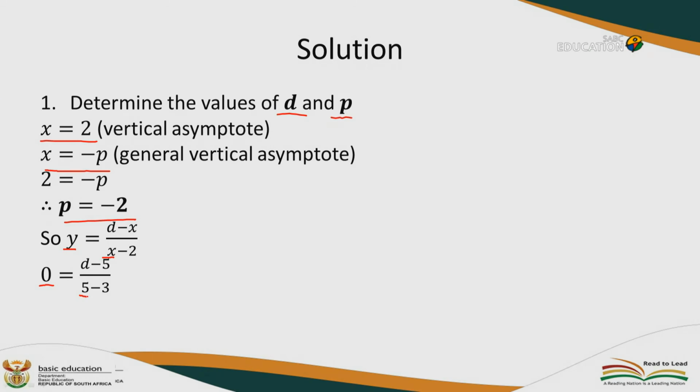If we simplify our denominator, we can clearly see that 5 minus 2 is going to be 3. And then we cross multiply, we'll have 3 times 0, which is 0. And on the right-hand side, we're going to be left with d minus 5. From this, we can clearly see that d is equal to 5.